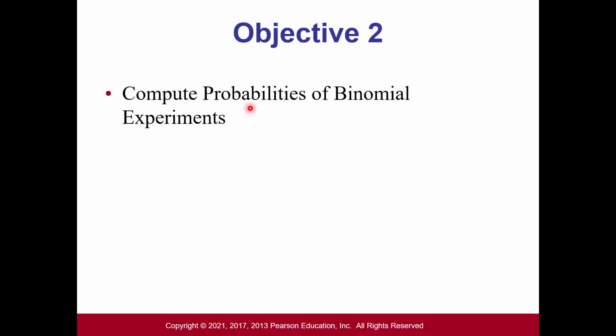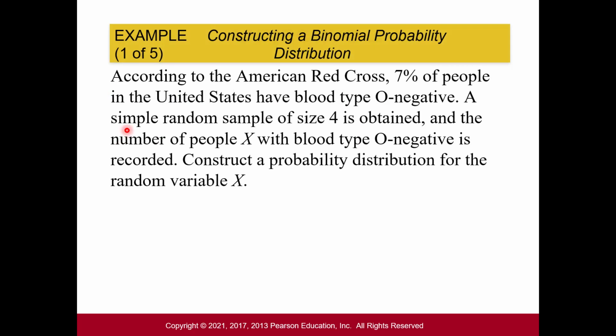So next, let's compute probabilities of binomial experiments now that we know a little bit about what a binomial experiment is. According to the American Red Cross, 7% of people in the United States have blood type O negative. A simple random sample of size 4 is obtained, and the number of people X with blood type O negative is recorded.